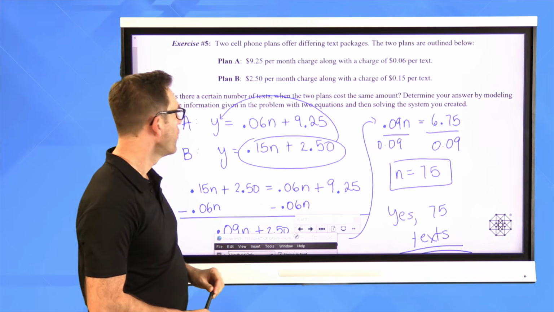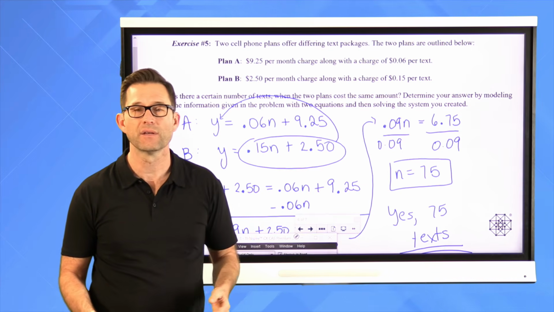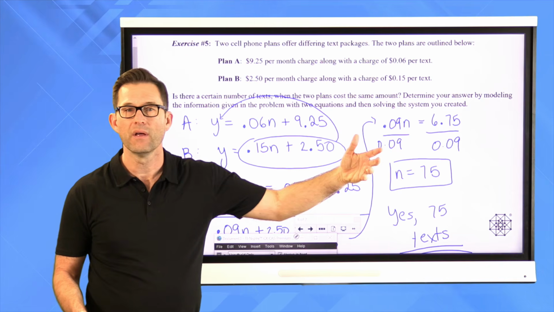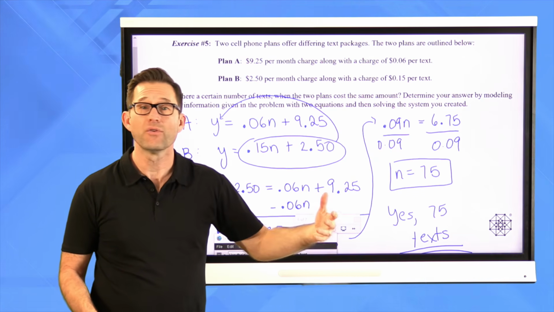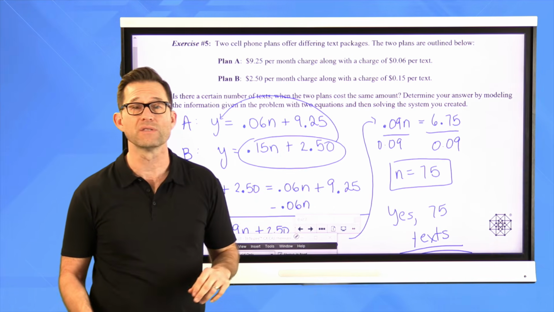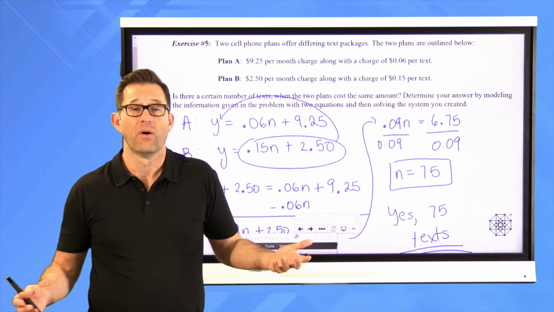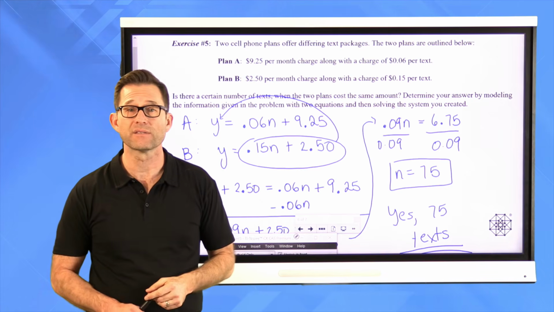Well, the answer is yes, 75 texts. The question does not ask what is the amount that they will be when we hit that certain number of texts. So there's no absolute need to take the 75, plug it back into one of these equations and find out how much we were actually charged, right? All we need to do is really just say, yeah, 75 texts.